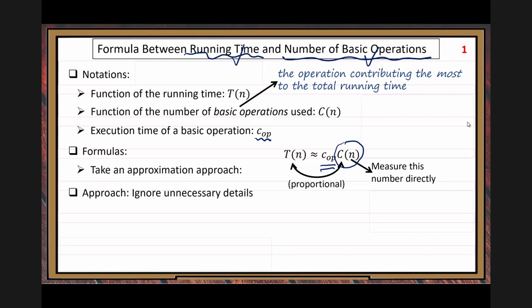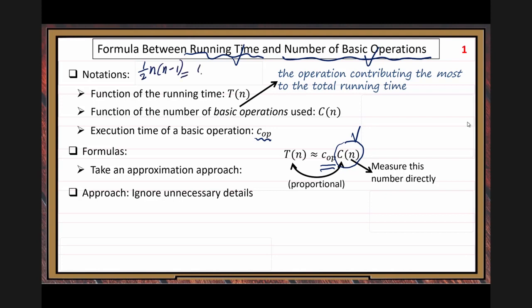Then, because these C functions usually have several terms. For example, the previous one, 1/2 times n minus 1, we can write it as two terms.